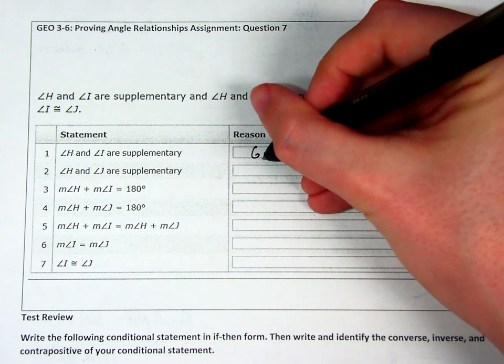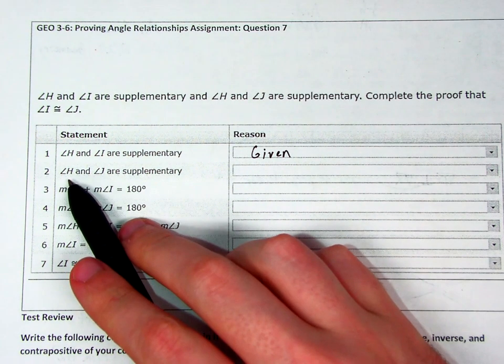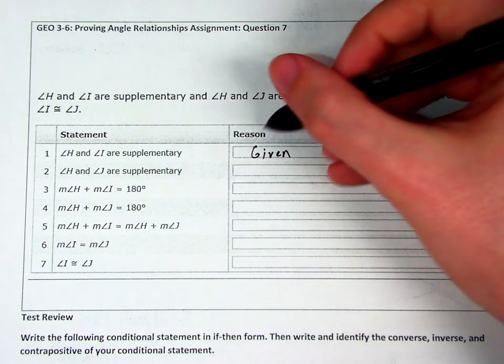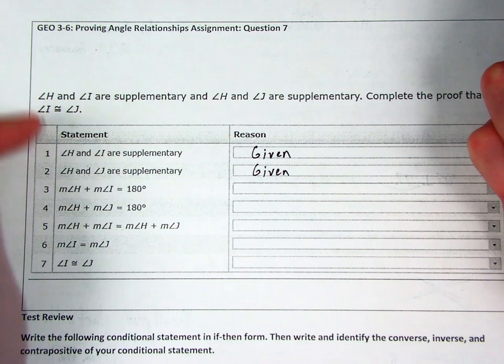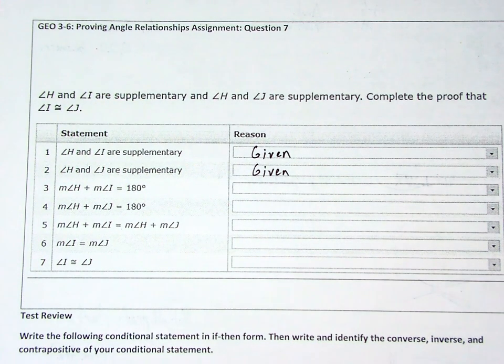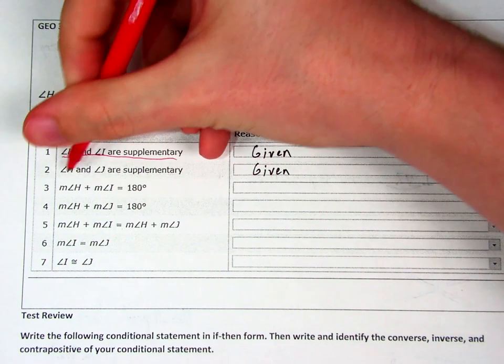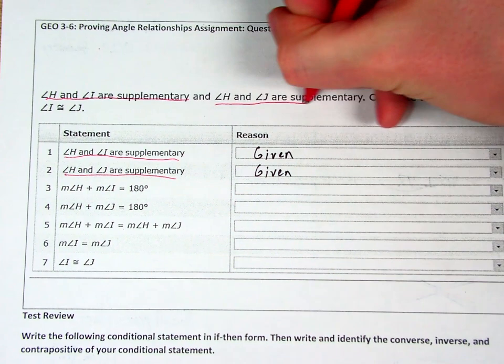We'll have given as our first reason. We'll also have given as our second reason. These two lines are told to us right here. H and I are supplementary, H and J are supplementary, told to us here and here.